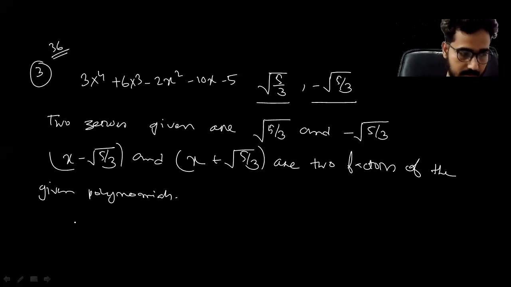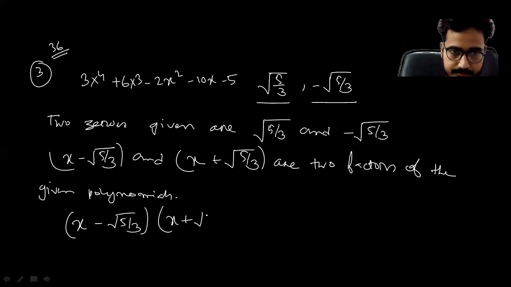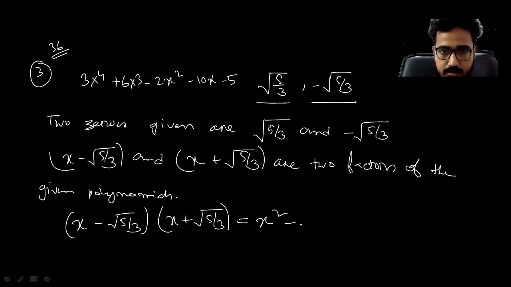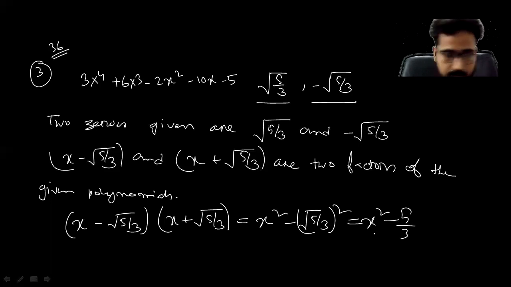Now if you multiply these two factors, then you will get one polynomial. When you multiply, this is the form of a minus b into a plus b. So when you apply the formula, it will be x square minus root over 5 by 3 whole square, so it will be x square minus 5 by 3. So this will be one polynomial.